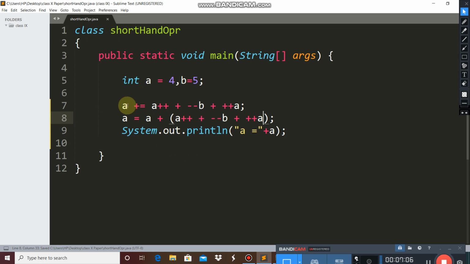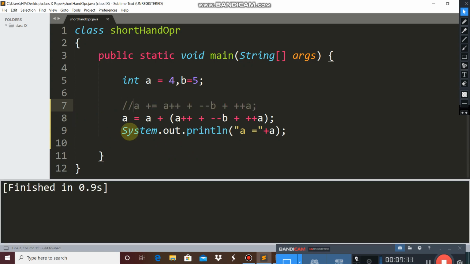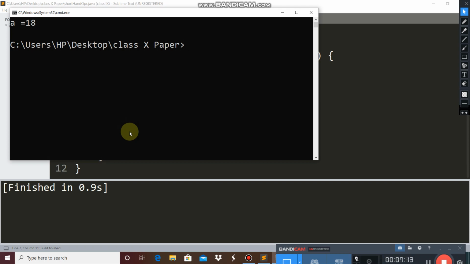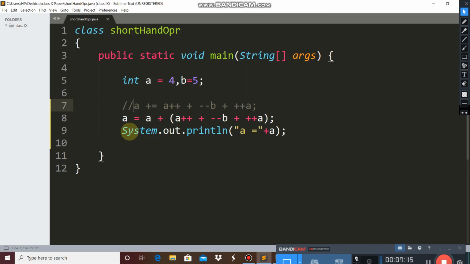Children, this is the equivalent expression. If you put a comment over here, you will see the same output on the screen, which is 18. So always try to form the expression like this when you want to use compound assignment operators or shorthand operators.